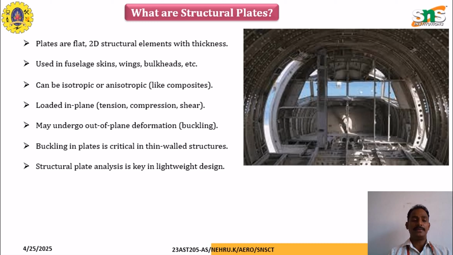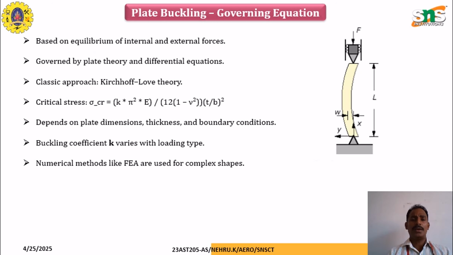So buckling in plates is critical in thin-walled structures in fuselage and wings. This structural analysis is key in the lightweight design of airplanes, aircraft, and other flying machines. Coming to plate buckling, the equations are based on the equilibrium of internal and external forces, the governing equation from Kirchhoff-Love theory.